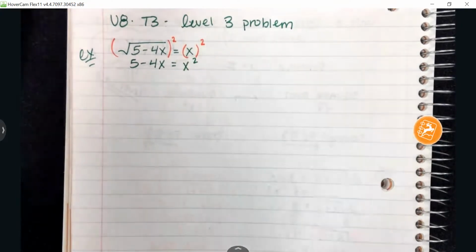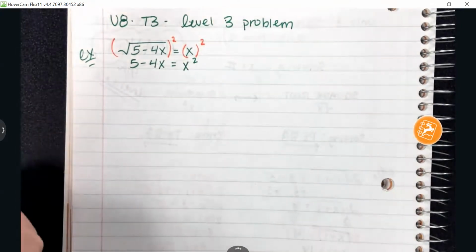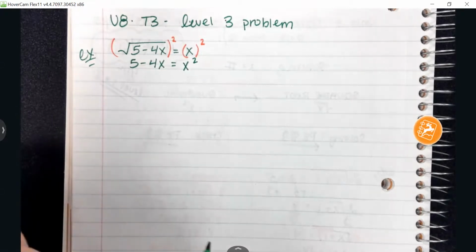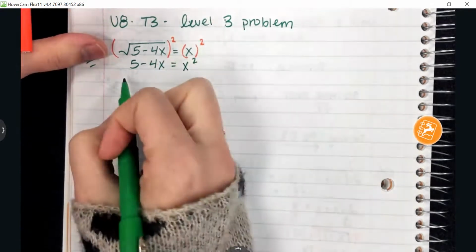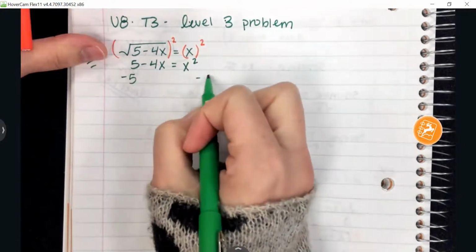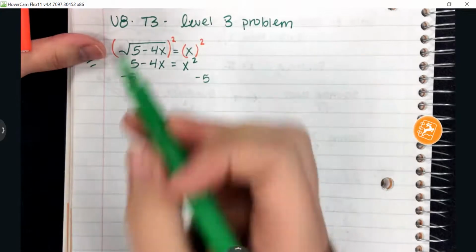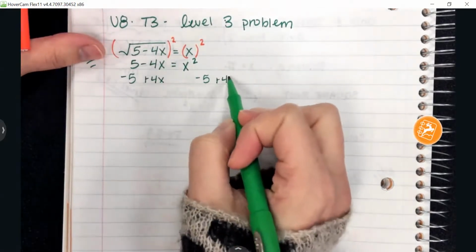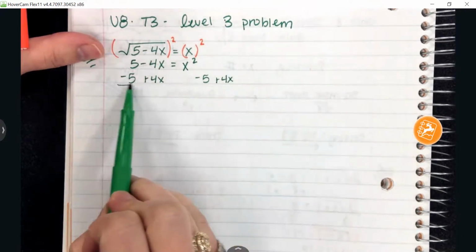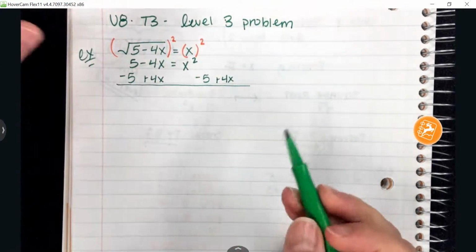X squared. I want to get everything on the same side as my x squared. So if I have a positive 5, I want to subtract 5. And if I have a negative 4x, I want to add 4x. I'm just doing it in one step instead of two. It doesn't matter.